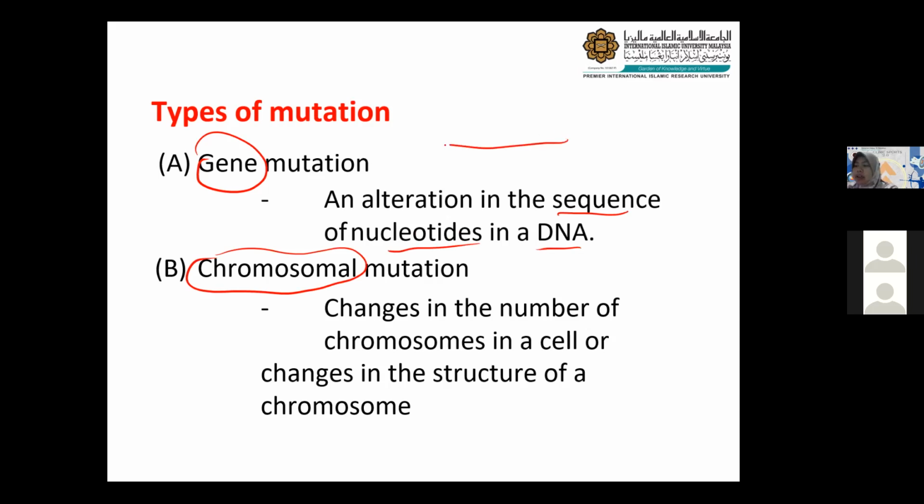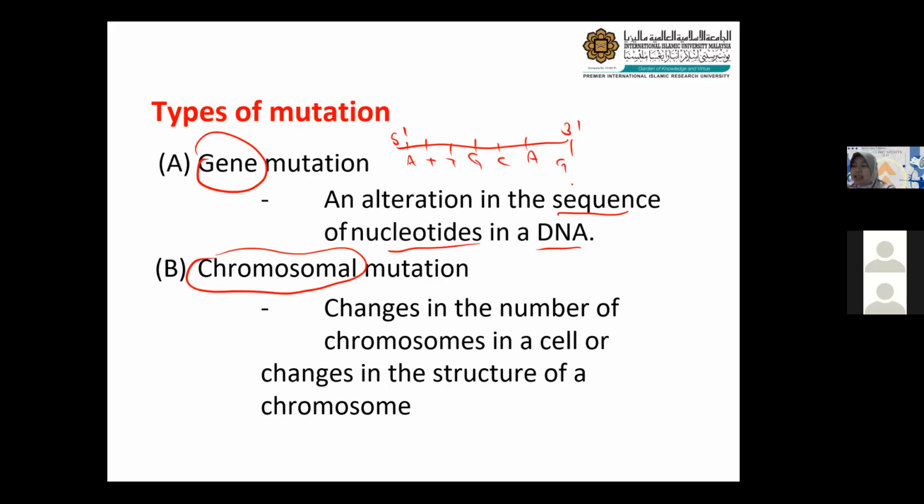So let me give you an example. Let's say this is our DNA, sequence untuk menghasilkan insulin. The sequence of DNA to produce insulin is, let's say, A, T, T, C, G, C, A, G, for example.